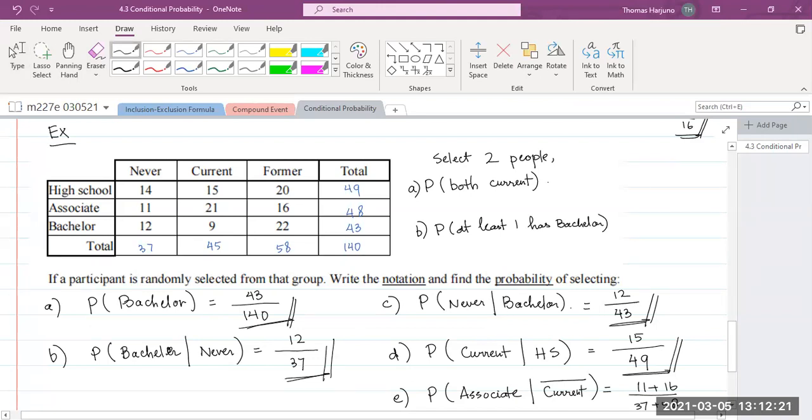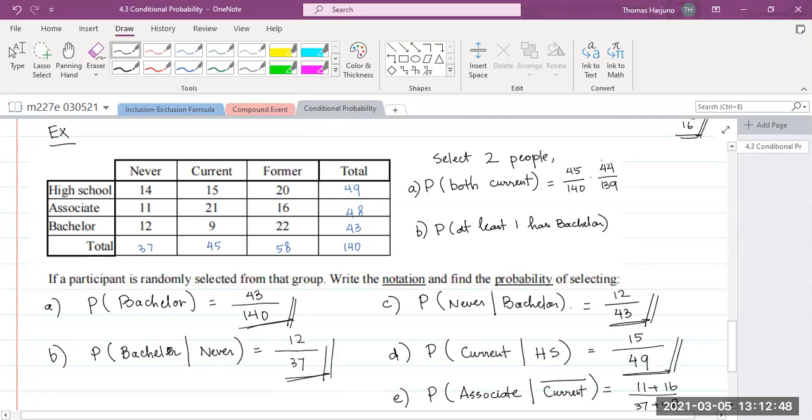And both current, then what is the probability the first person is a current smoker? That's 45 out of 140. And probability the second person, given that the first person is a current smoker, then the probability the next person, also a current smoker, is 44 out of 139.